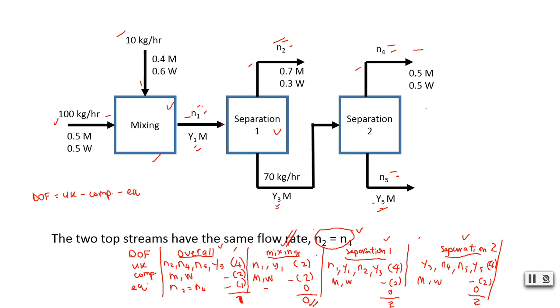So the general balance is 100 plus 10 equals N1. With this we can solve N1 equals 110.